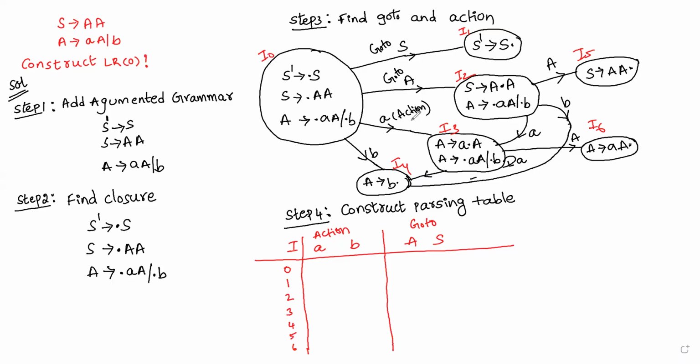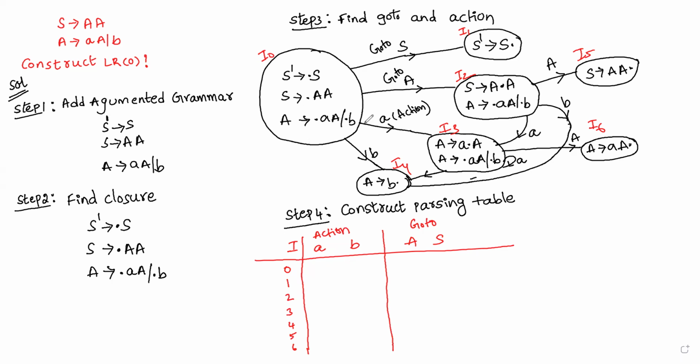So I naught on small a goes to I3, just write S3 because of the shift move. I naught on small b goes to I4, just write S4. This is called a shift move. This is the construction of the parsing table. So first one is S3 and S4.